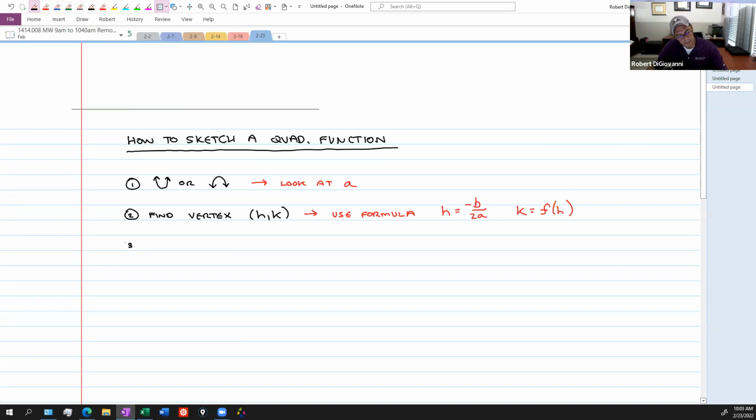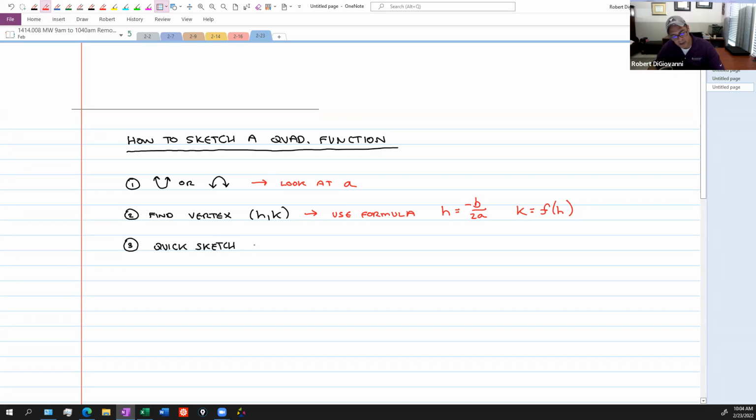The third step in this is something that I do that not a lot of books do, not a lot of tutors or other professors will do this, okay? But I like to do this third step. I do a quick sketch. And you'll see when I actually do an example what I mean by this.